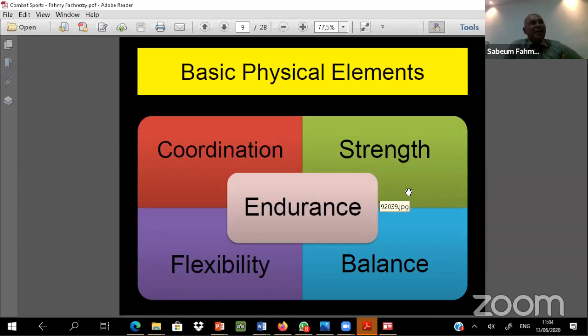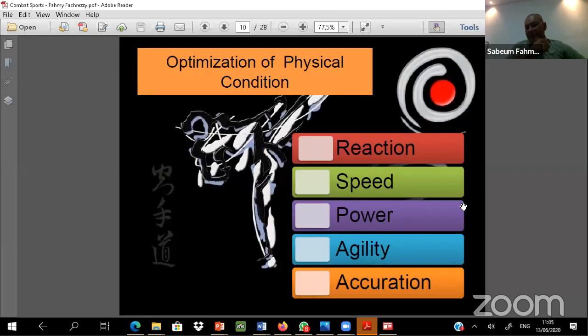Coordination in Indonesia, very popular is the ladder. Because the ladder is challenge training, but a creative coach creates other training, not only the ladder. Strength training, endurance, flexibility, balance. These are the 5 basic elements for an athlete.